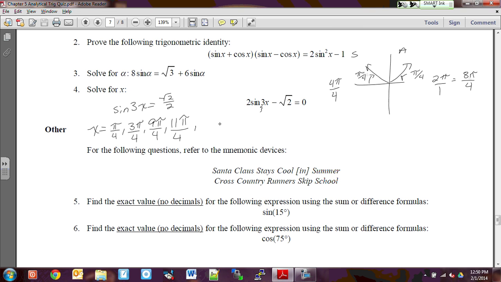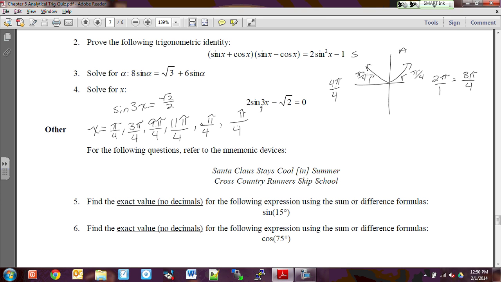Now we're going to have to get 2 more angles, because so far we've only gone around the circle twice. But since it's the sine of 3x, whoops, said 3 and wrote 3, but since it's the sine of 3x, we have to go around the circle 1 more time. But now instead of adding 2 pi to these angles, because we'd just get these again, we're going to add the 8 pi over 4 to the 2 new angles we just got.